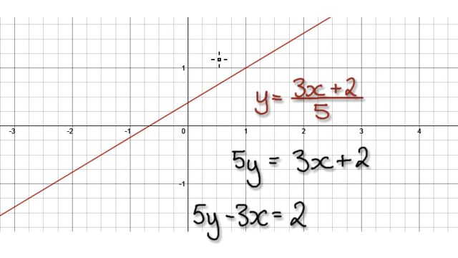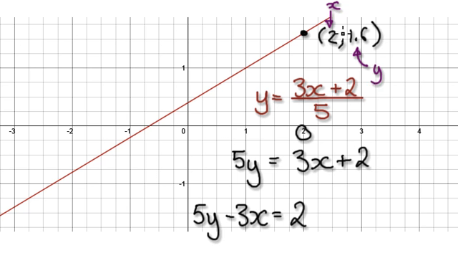If you select any point on this line, let's just say this one here, this point is 2, let's say 1.6. Remember that this is your x value and this is your y value.